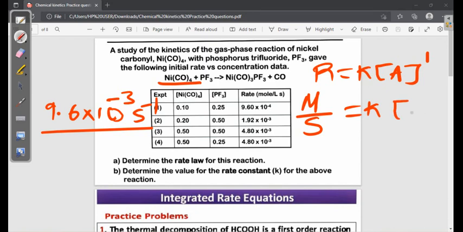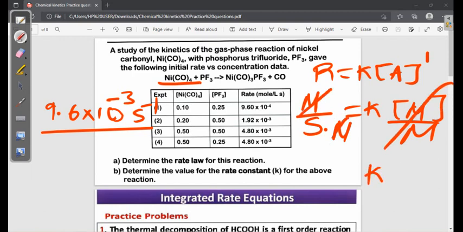For A, we know the units for concentration are always going to be molar. Our goal is to make K the subject. So I can divide both sides by molar, and then this side cancels, even this side cancels. So we just have K is equal to 1 per second, which is second to the power negative 1.